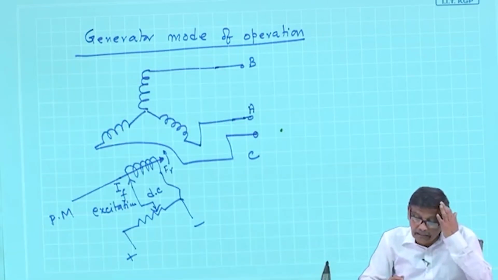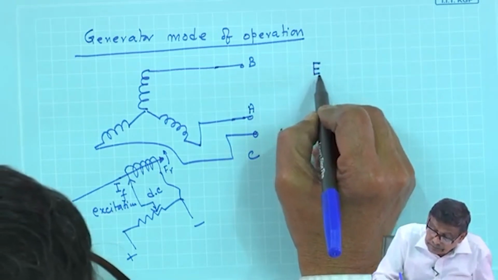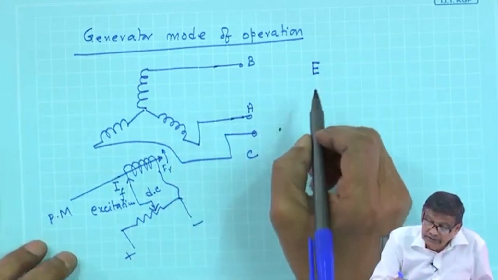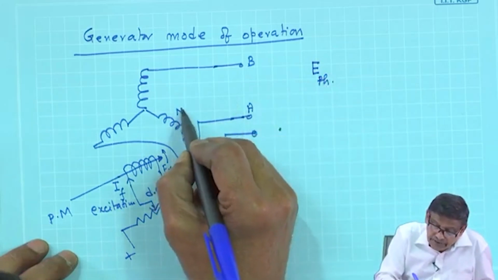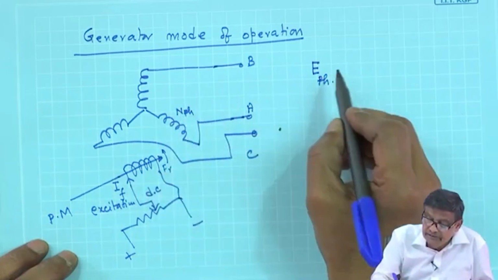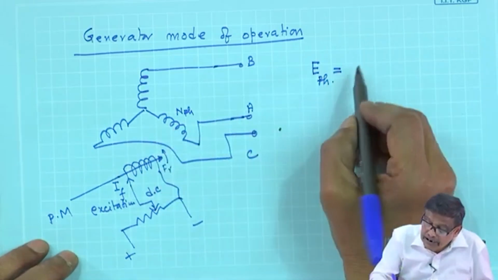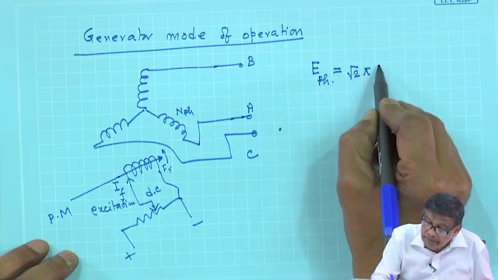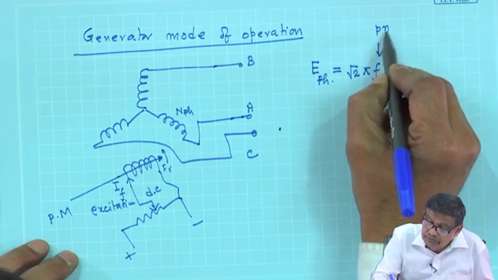Okay? And what will be the magnitude of the induced voltage? RMS value of the induced voltage per phase. Suppose N phase is the number of turns. This expression I know from induction motor. It is equal to root 2 pi F. What is F? F is Pn by 2.